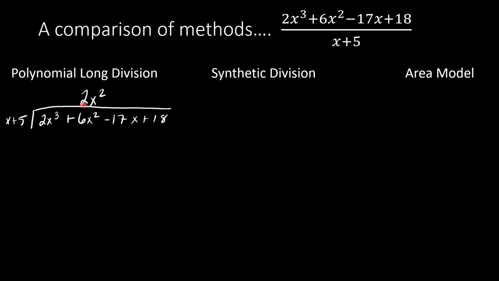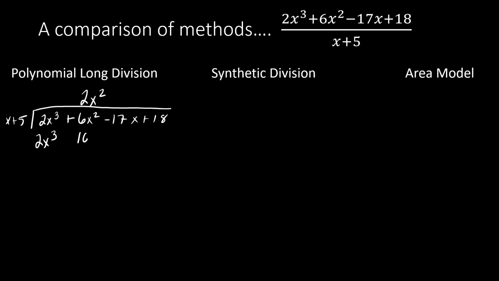Now we will take our piece of our quotient here and multiply it by our divisor, and we're going to write the product right below, just like we would in the long division algorithm. So 2x squared times x gives me 2x to the third, and 2x squared times 5 is 10x squared.